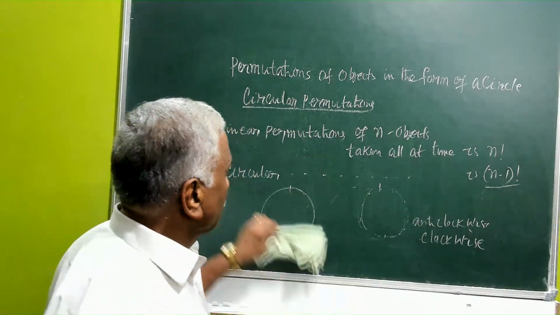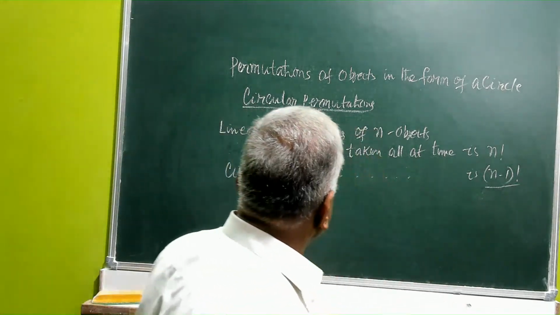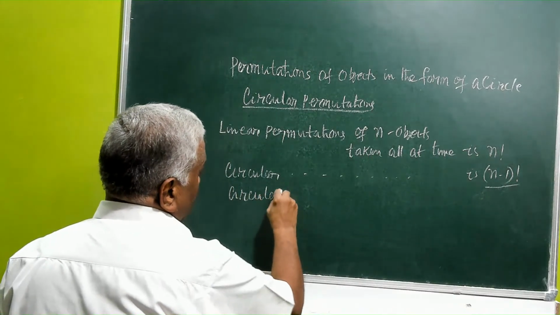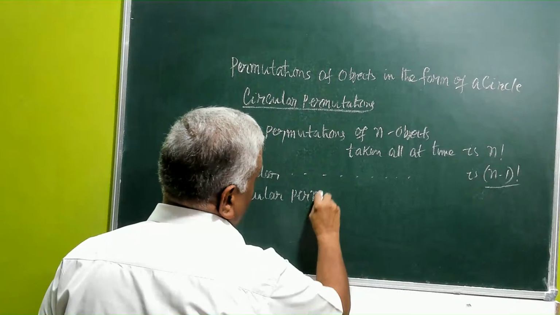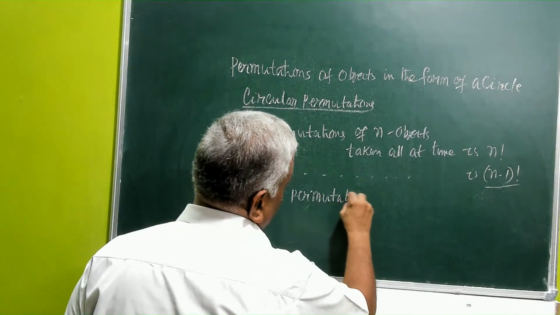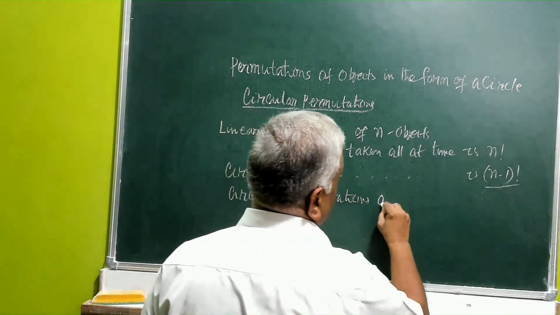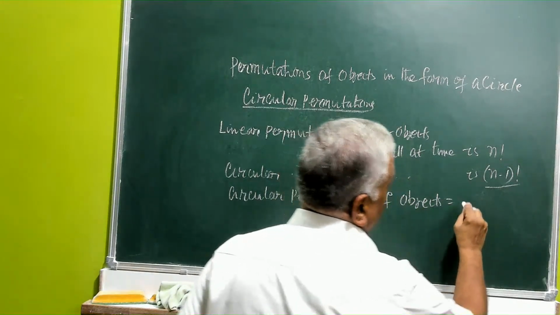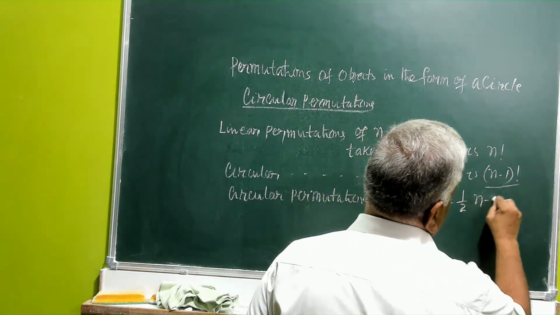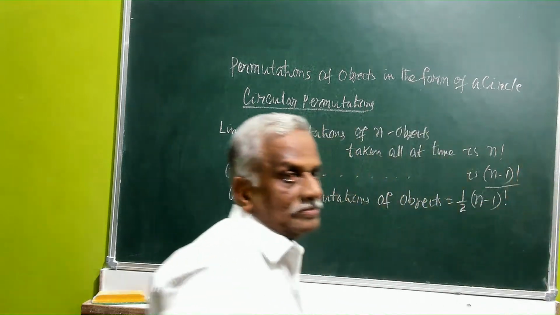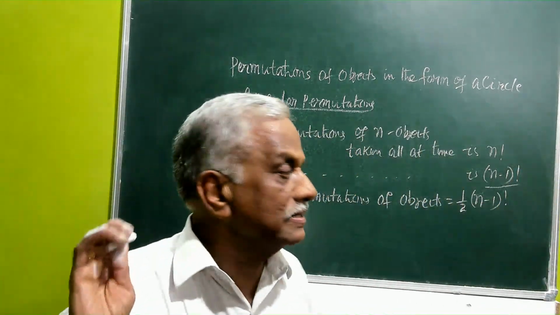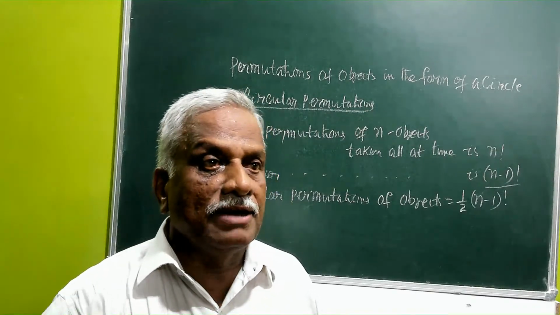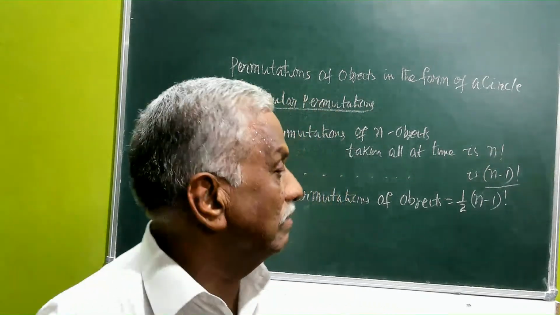So now we have an understanding: circular permutations of objects is equal to half of n minus 1 factorial. The most important thing is the number of arrangements clockwise and the number of arrangements anti-clockwise are equal.